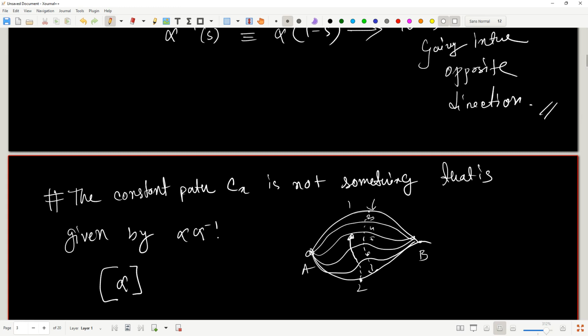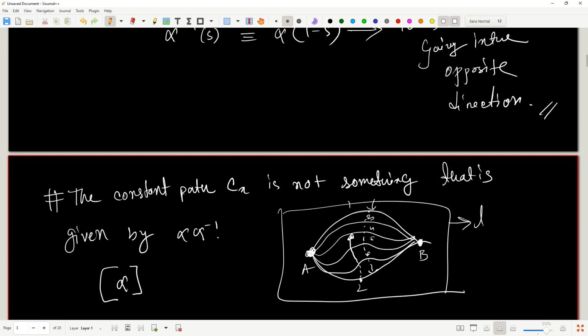So the paths between A and B in this configuration may be regarded as homotopic. So this is a continuous deformation, and since it's not just a single continuous deformation, because now you have lots of paths in between, you say that this is a continuous set of continuous deformations.